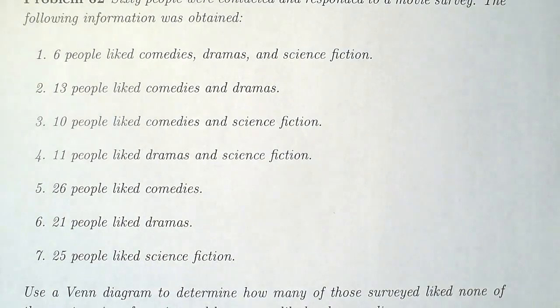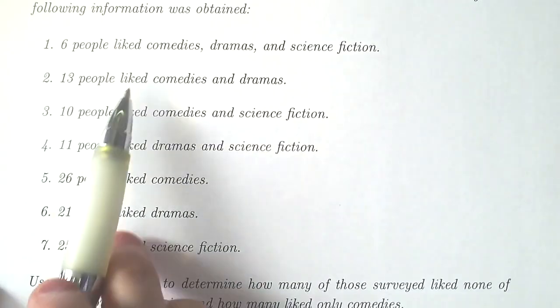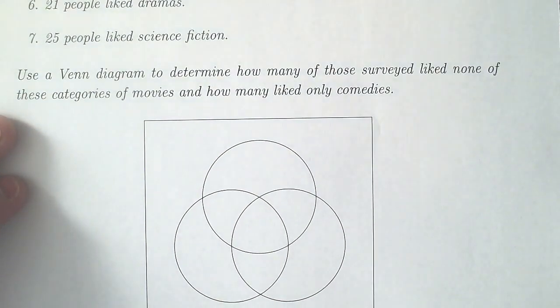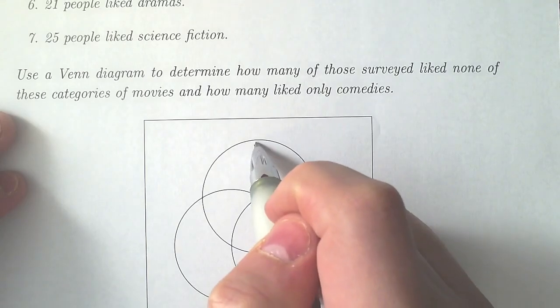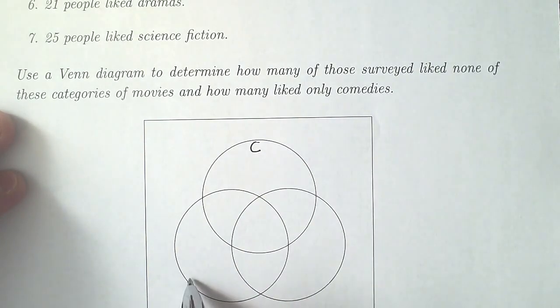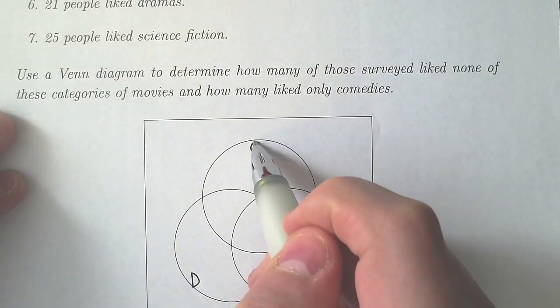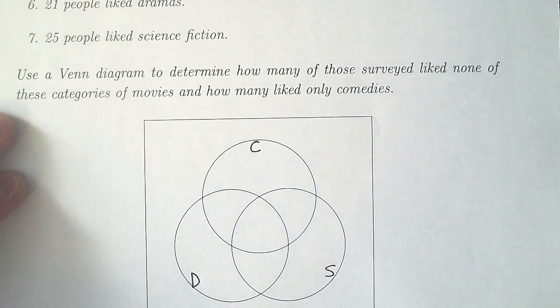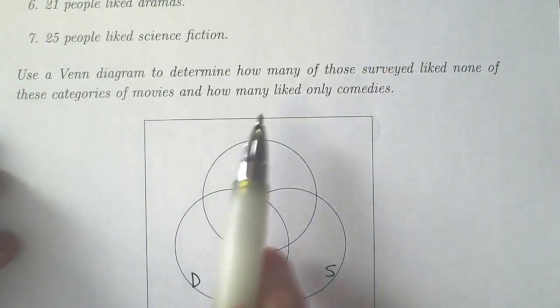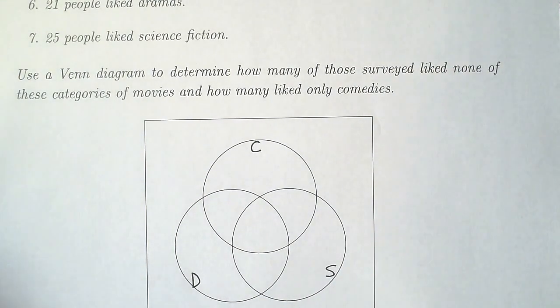And, you know, if we do that step 1, step 2, step 3, the first thing to do would be to draw a picture and label it. So we'll go kind of back and forth between using these numbers and looking at our picture. I'm going to label comedy, drama, science fiction. Actually, if you label them in a different order, that's fine, as long as we have all 3.